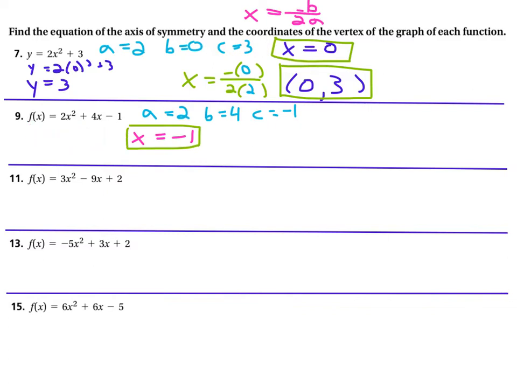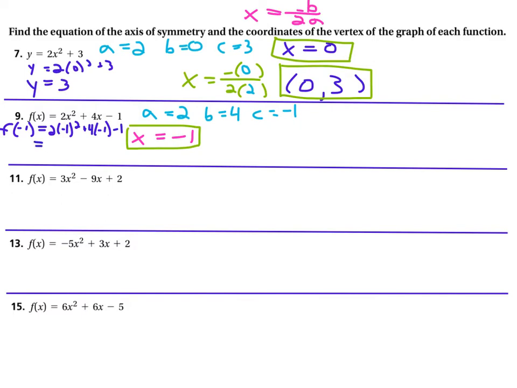Now we want to find out what we get for a y value when we plug that in. One way to write it would be f of negative 1, since that's the x value going in. That's how functions work. So f of negative 1 would be 2 times negative 1 squared plus 4 times negative 1 minus 1.